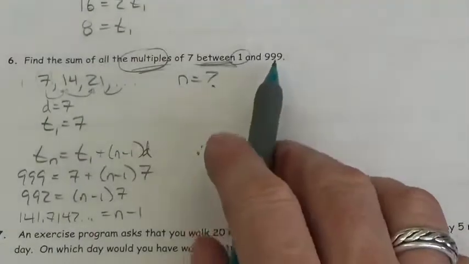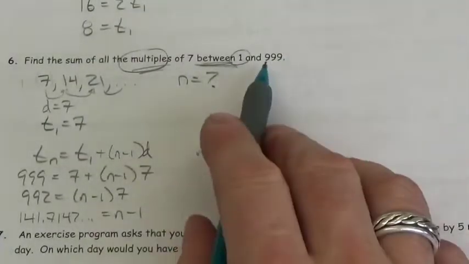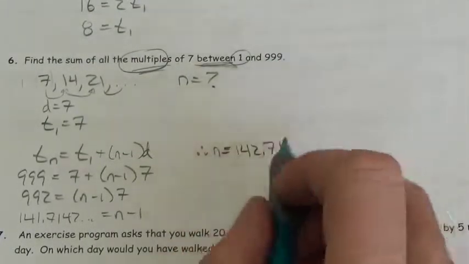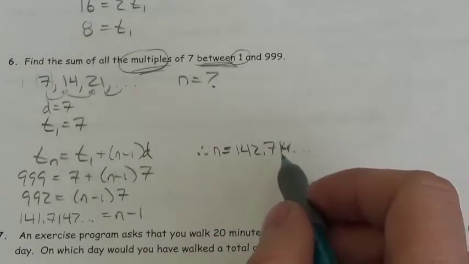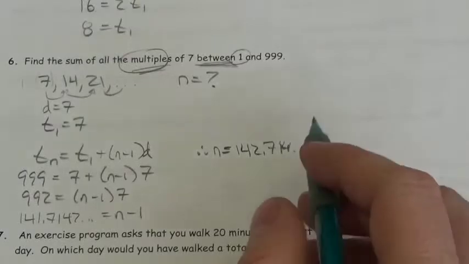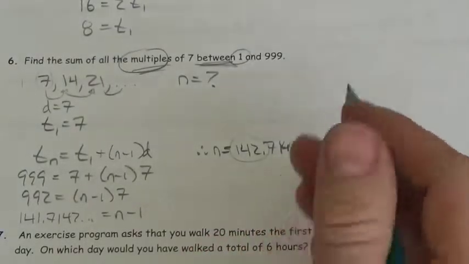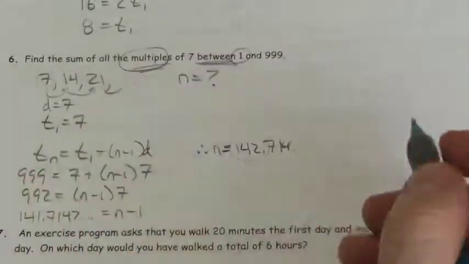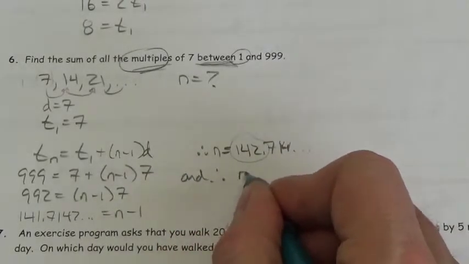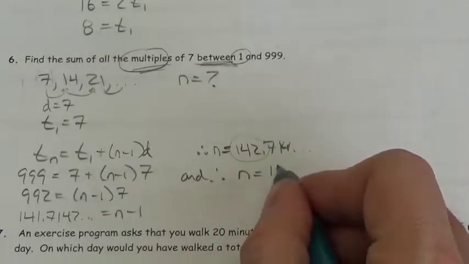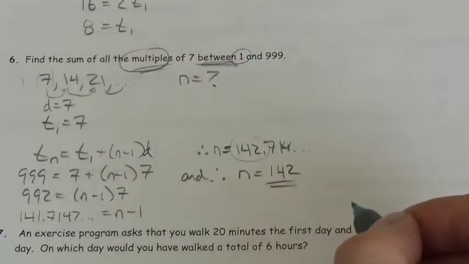So what that means is, if the math is telling me that 999 is the 142.7th term in the sequence, that means there were 142 terms before that. And therefore, in my particular sequence here, n is going to be 142.